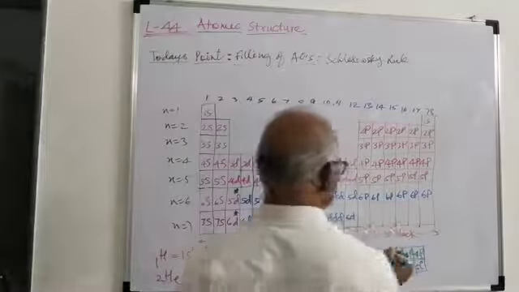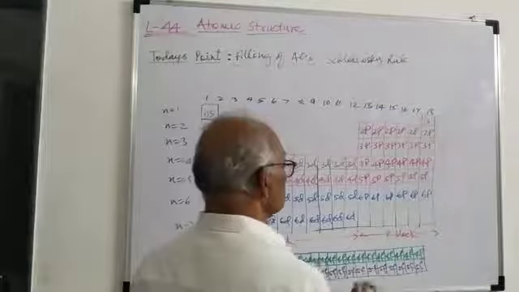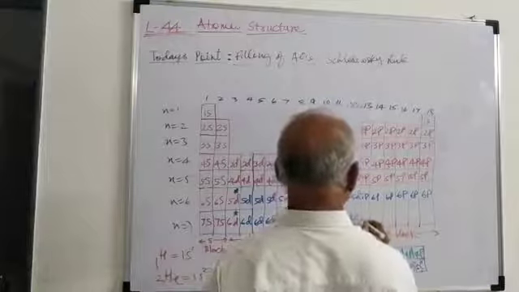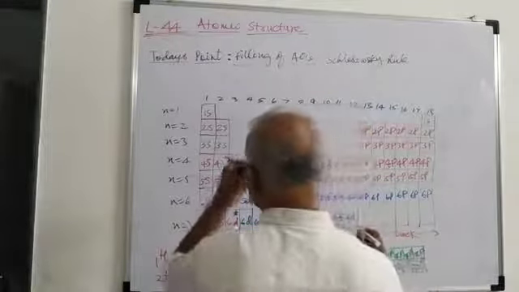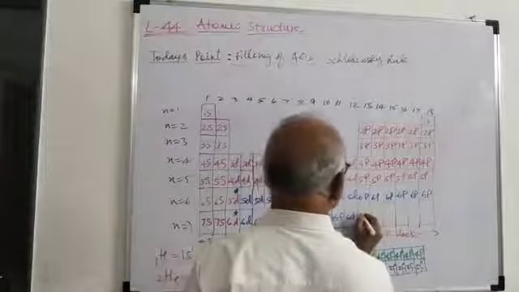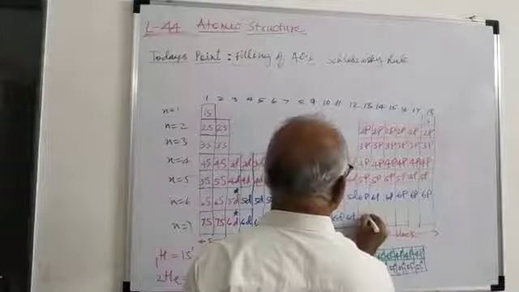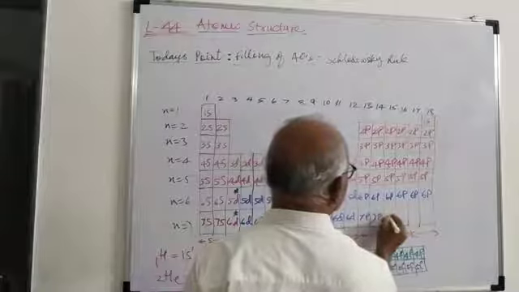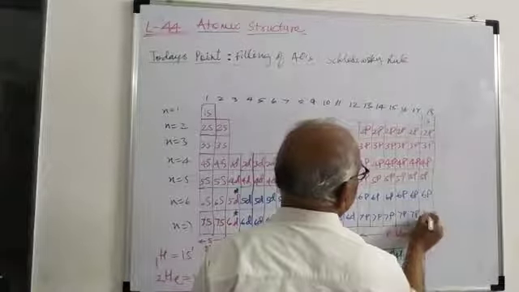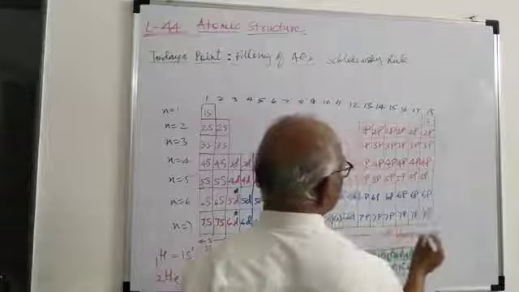Then after completing the capacity of 6d, the next electron will enter the p subshell, that is 7p.